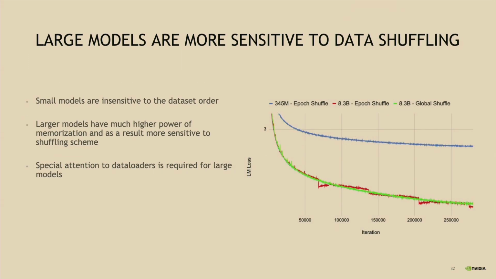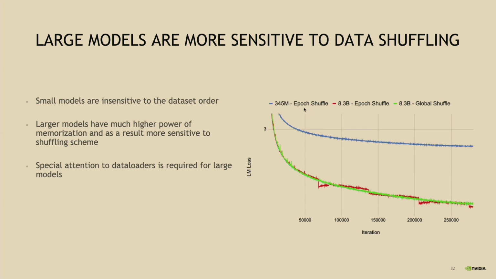One last aspect that I would like to touch on is data loaders. Let's take a look at what our challenge was with data loaders. On the right, I am showing the plot of the loss curve as a function of the number of iterations for a GPT-2 model. At the top, we have two kinds of shuffling for the data loader: one at the end of each epoch, and the other a global shuffling. When we train a 345 million parameter model, with epoch shuffling the curves are very smooth and everything is good.